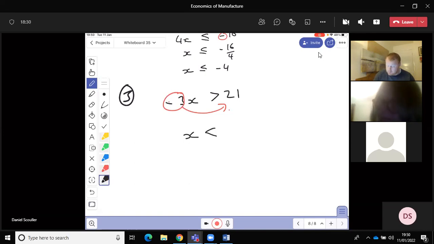It would be 21 over minus 3. That symbol, so x is greater than, becomes x is less than.